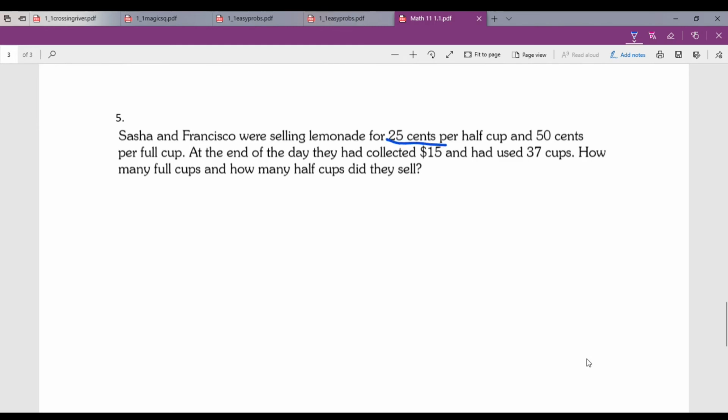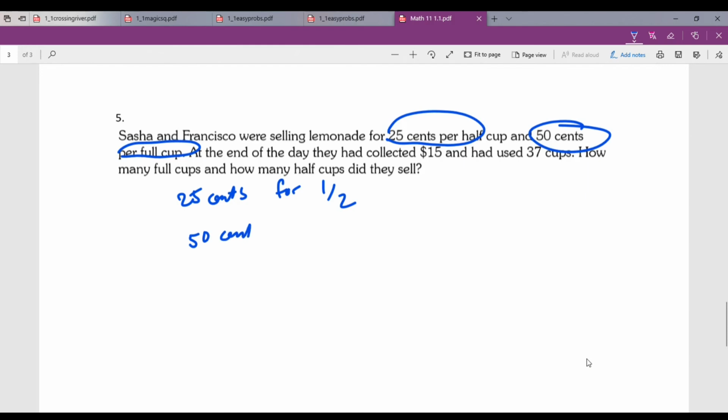I know it's 25 cents per half cup, and I know it's 50 cents for 1 cup. And we made $15 altogether, and we sold a total of 37 cups.